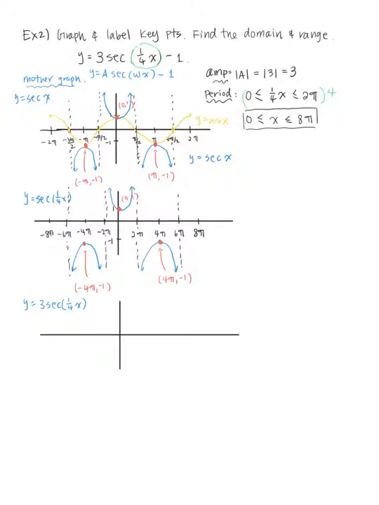Okay, and then my grid is so off. So it's 8 pi, 6 pi, 4 pi, 2 pi, -2 pi, -4 pi, -6 pi, and then -8 pi.